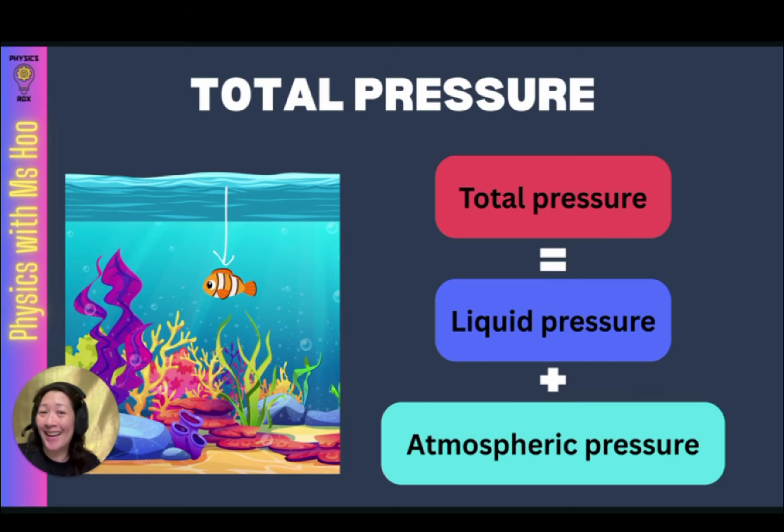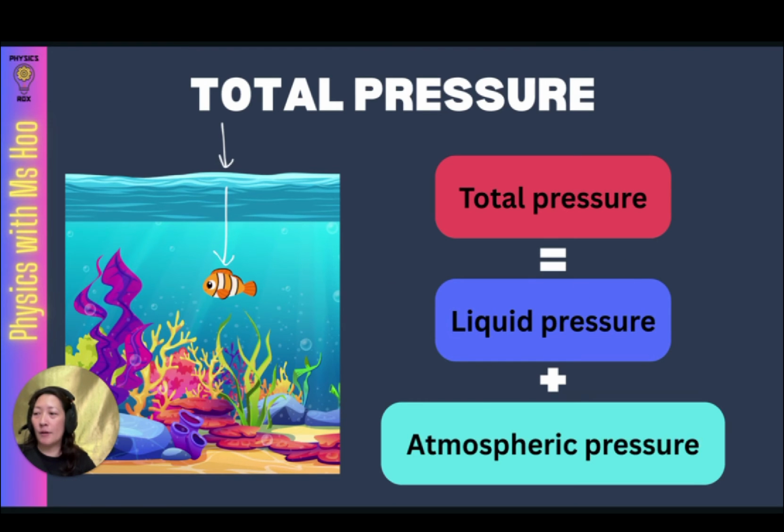But remember that gases can also exert pressure. Because there's gas in the atmosphere, the pressure exerted by it is known as atmospheric pressure. There's atmospheric pressure pressing on the surface of the liquid. So the total pressure acting on the fish is not only from the liquid, but also from the atmosphere.